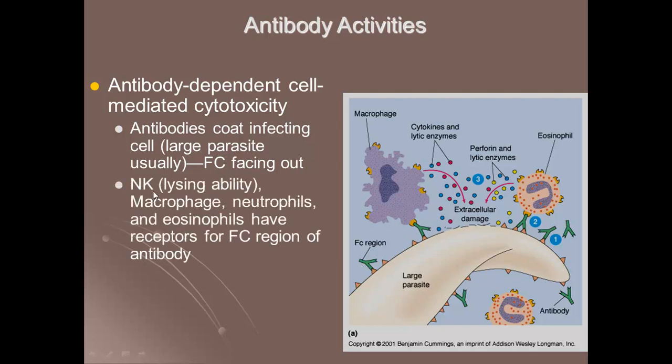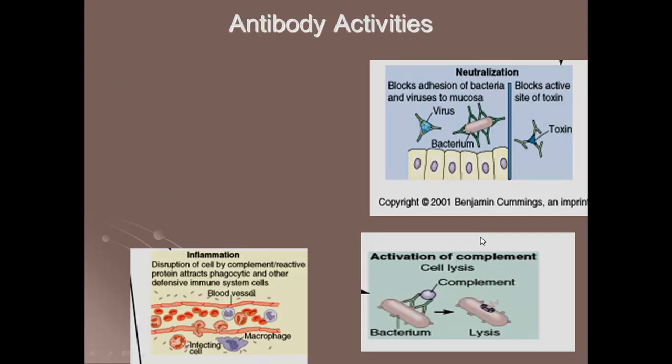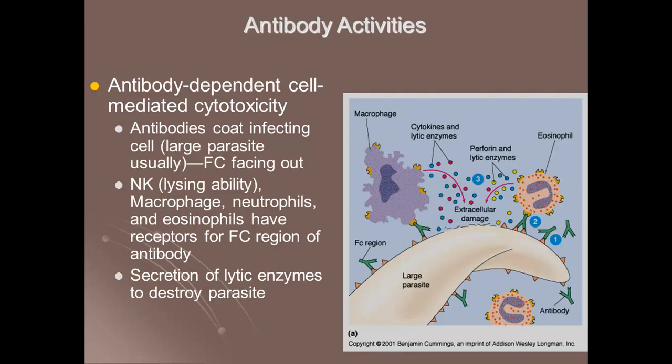The NK cells, which are your natural killer cells that have lysing ability, your macrophages, your neutrophils, and your eosinophils have receptors for the Fc region of the antibody. So a macrophage and an eosinophil are going to be able to bind to the Fc region. Once they bind, they cause the secretion of lytic enzymes to destroy the parasite. The parasite gets broken up into smaller pieces, and hence we get rid of that parasite.